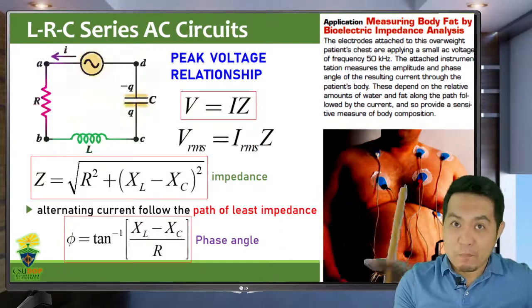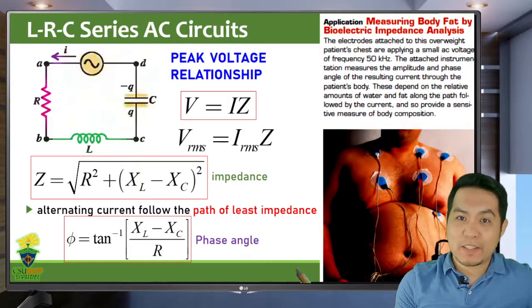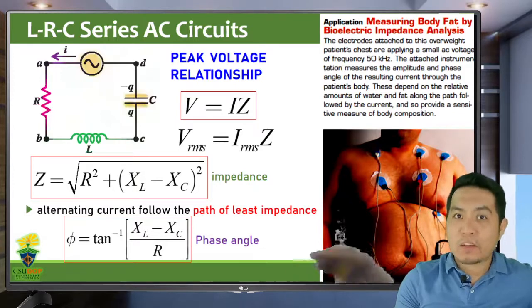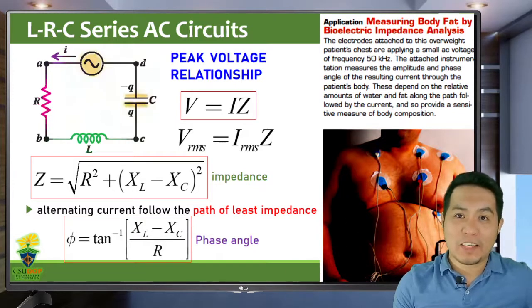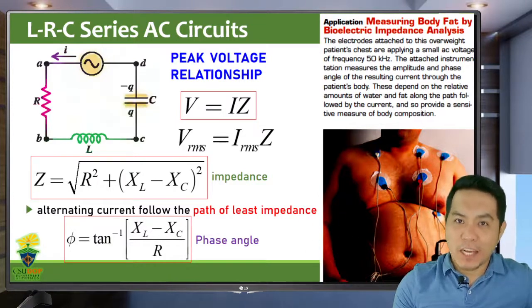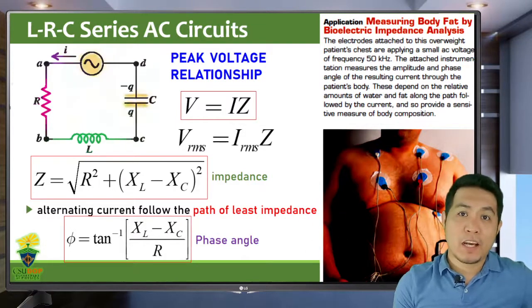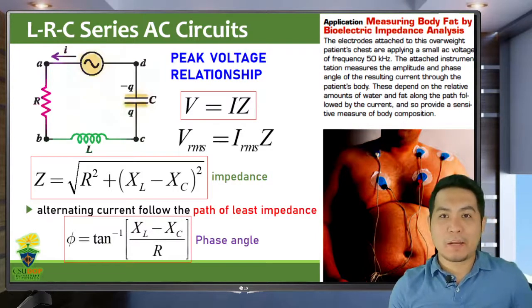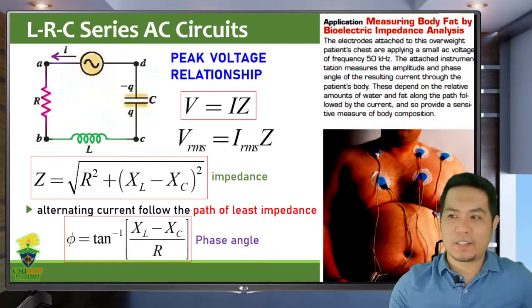That impedance depends on the amount of water and fat along the path followed by the alternating current. So by measuring the impedance, you can measure the body fat of a human body. That's one interesting application of impedance.